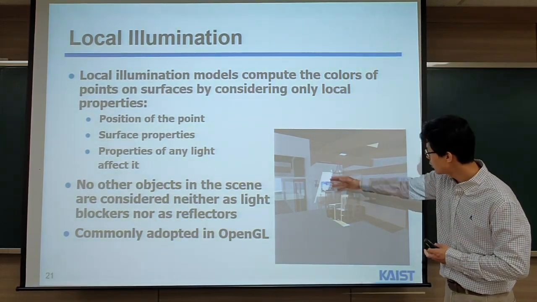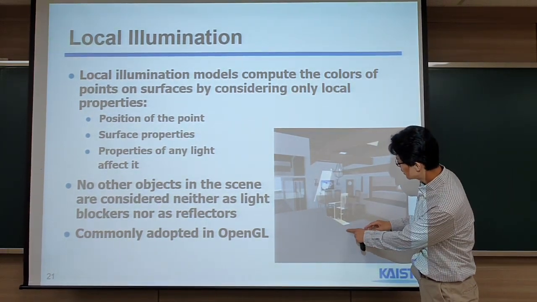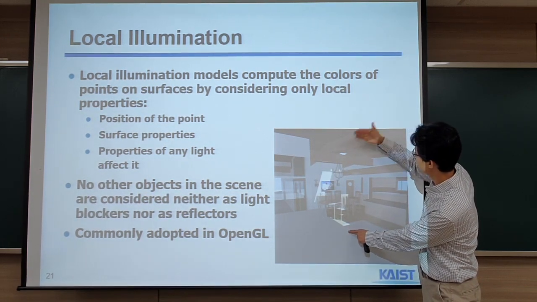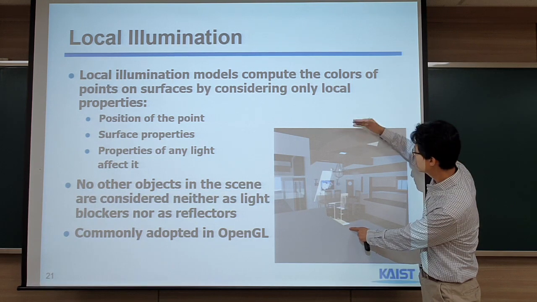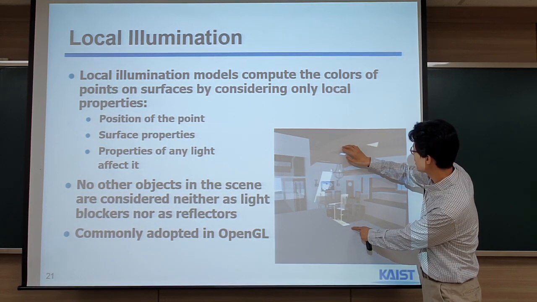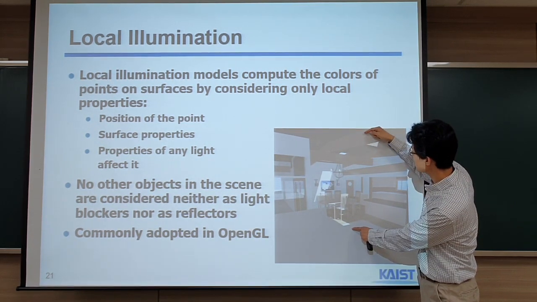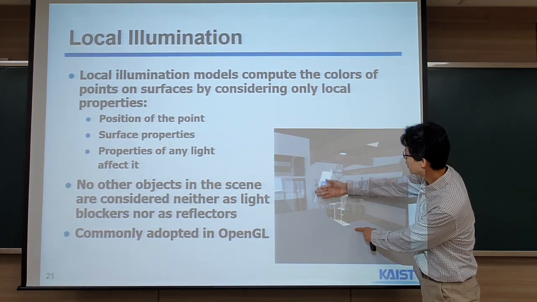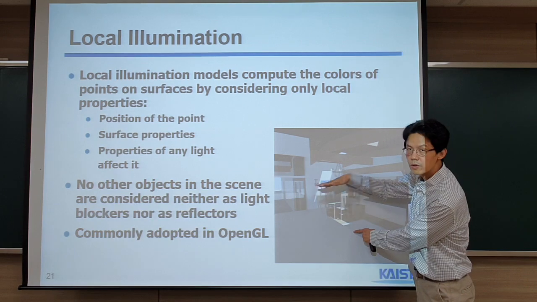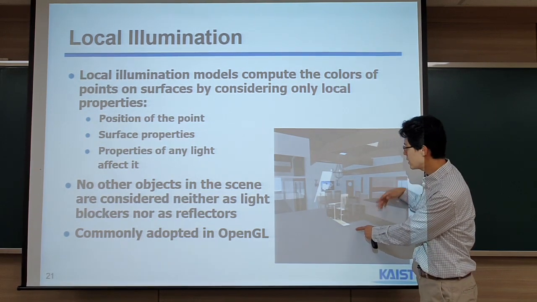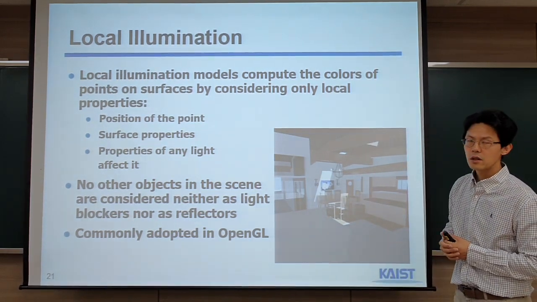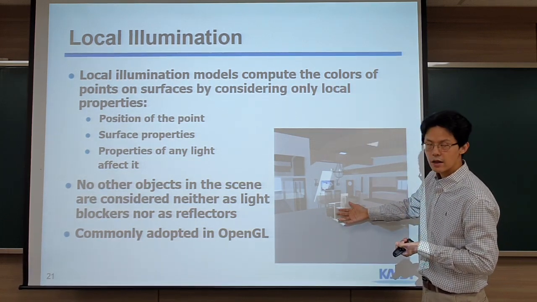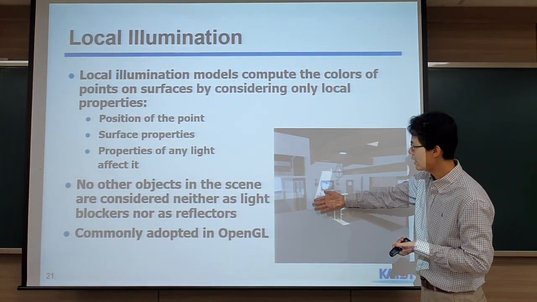This ceiling blocks the energy, but through the small window some of the energy passes through, and then this wall reflects the energy across all of the room, right? But in local illumination, we cannot consider this kind of blocker ceiling, and we also cannot support this kind of reflector.